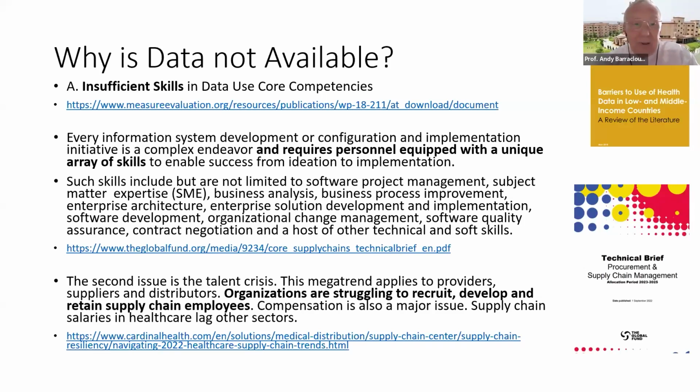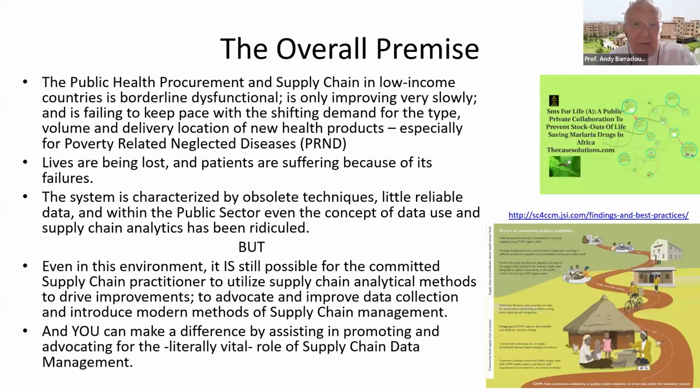Look what Global Fund has to say in the quotation here: "These skills are not limited to software project management, subject matter expertise, business analysis, business processing, enterprise architect," a big list, all about data. Talent crisis, we don't have people who can manage, who understand processing of data. And we're struggling to recruit and develop them.